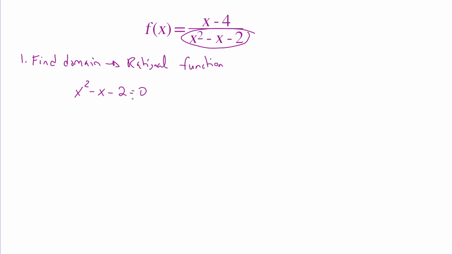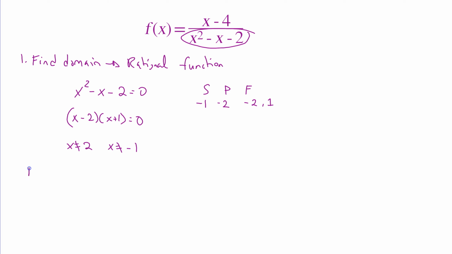This is a second degree function, which can be factored: we need a sum of minus 1 and a product of minus 2, so our factors are negative 2 and 1. So this can be written as (x minus 2)(x plus 1) is equal to 0. Therefore, our restrictions are x cannot be equal to 2 and x cannot be equal to negative 1, because if we plug those values into our equation, we're going to have something divided by 0, which does not exist.